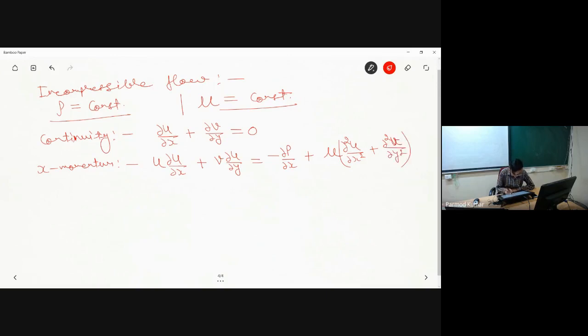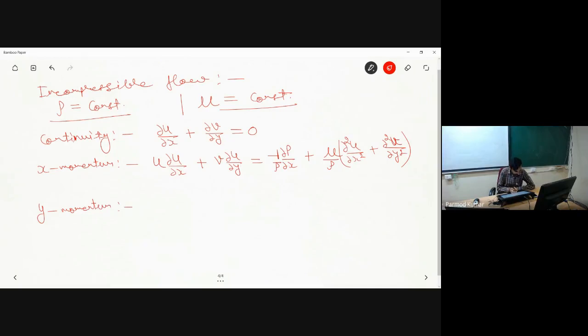Over here I will find minus 1 by rho with the pressure term and mu by rho with the viscous term. Is this point clear? Is this equation correct? Yes, sir.